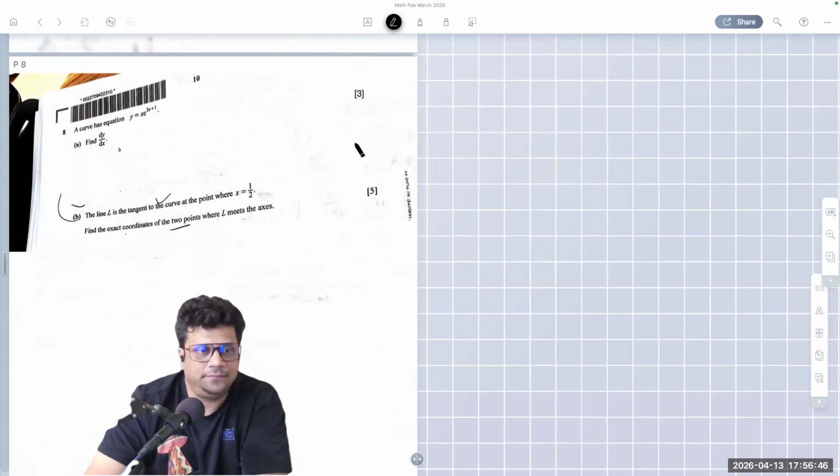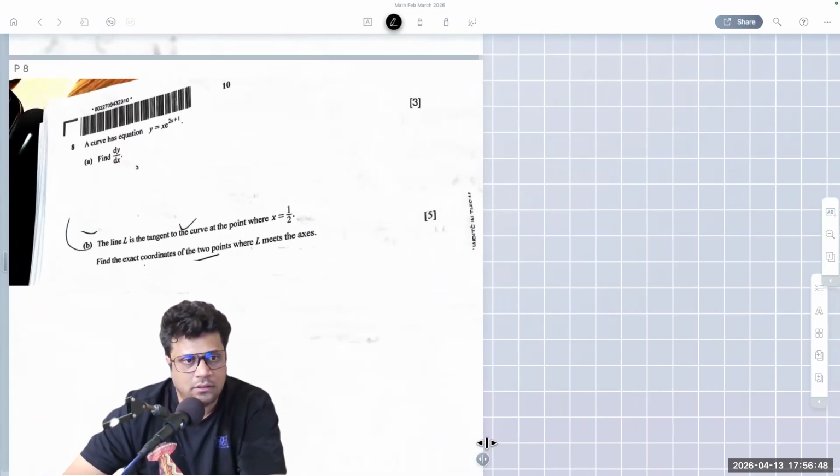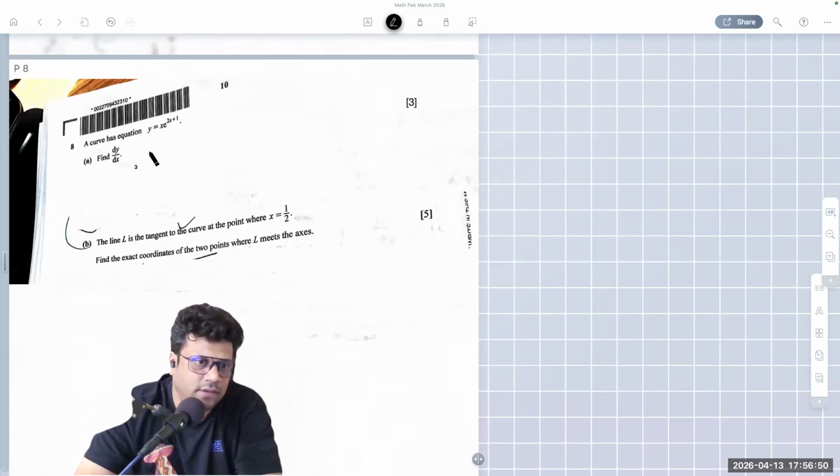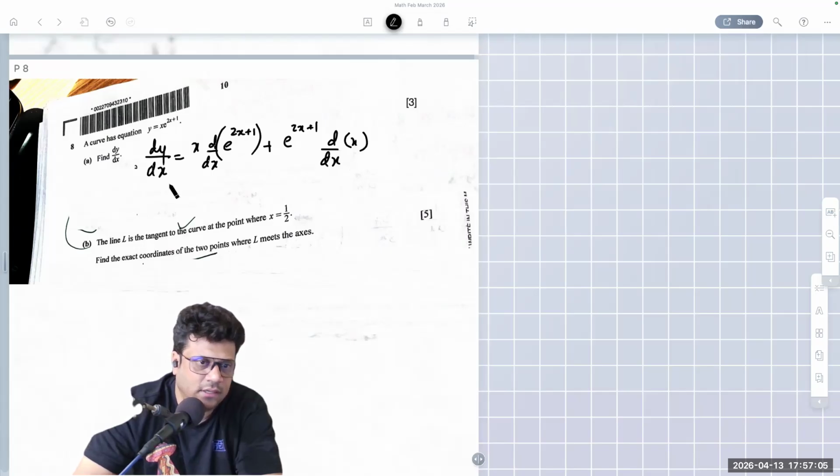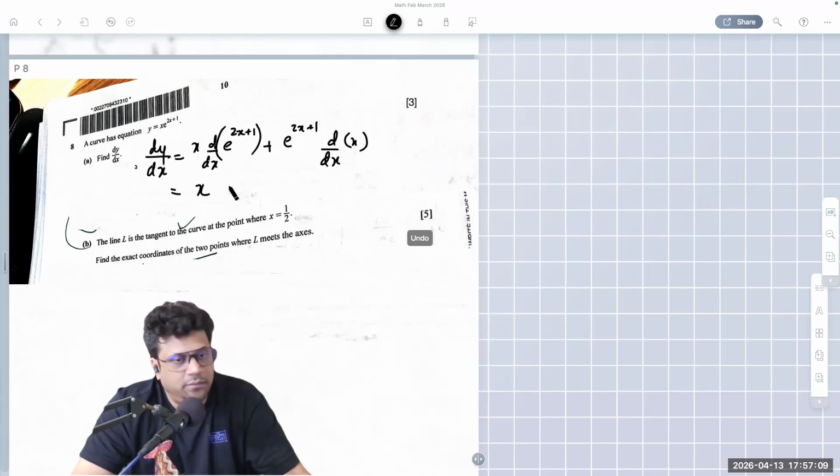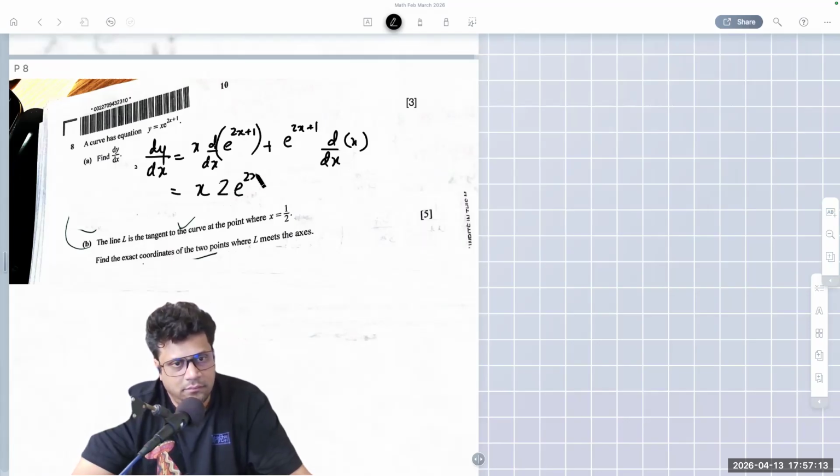Okay, now let's see. They're saying find dy by dx. Okay, so I use product rule. Dy by dx is going to be x into derivative of e to the power of 2x plus 1, plus e to the power of 2x plus 1 into derivative of x. Well, that's x times 2e to the power of 2x plus 1.